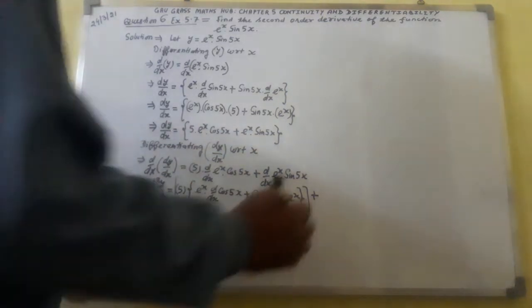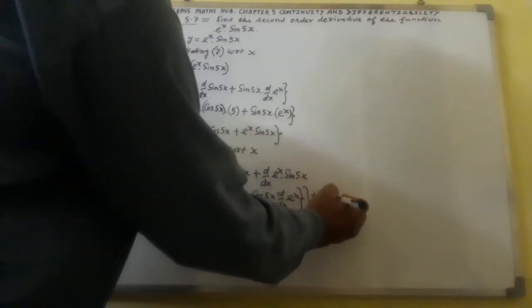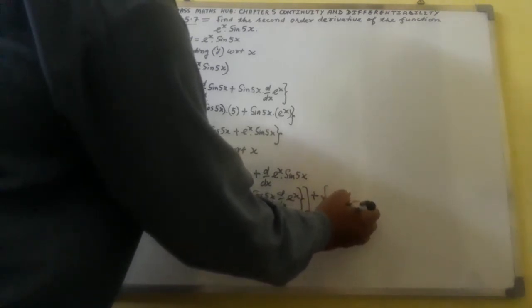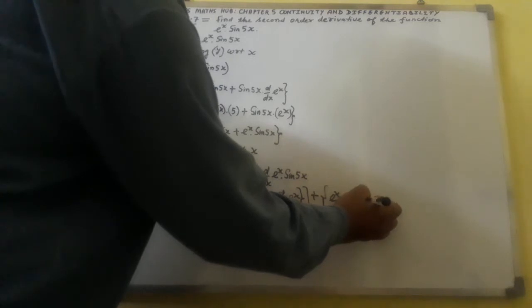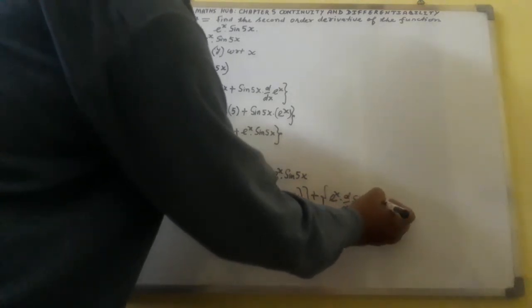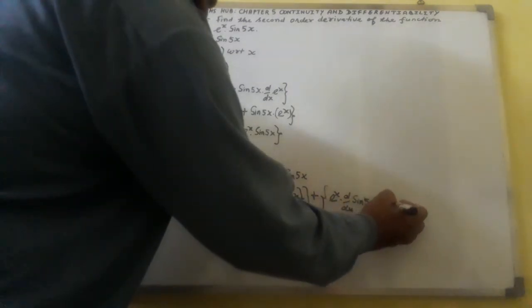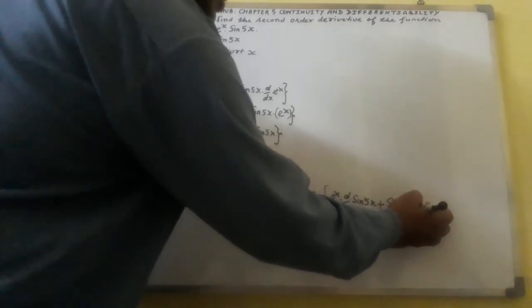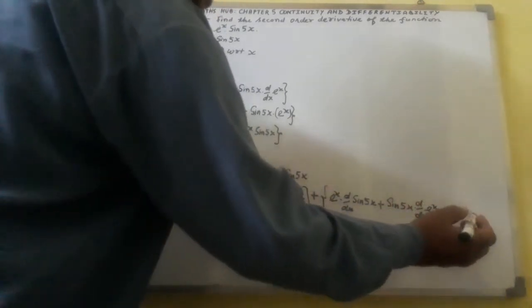Now here I shall write, open here curly bracket, e raised to the power x dot d over dx of sin 5x plus sin 5x dot d over dx of e raised to the power x, curly bracket close.